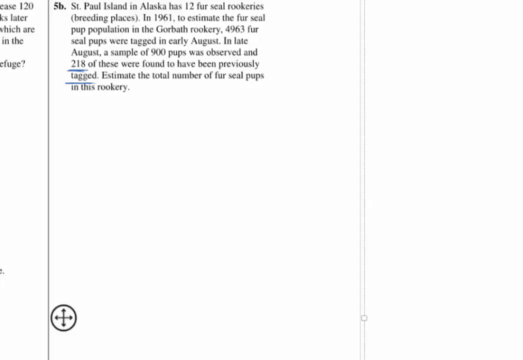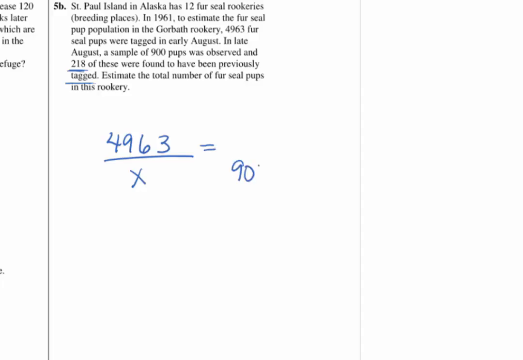So if we go back, we basically have tagged. 4,963 were tagged out of whatever the population was, the total population, and they weren't giving us that. However, later, when they went back and observed 900, which was the total observed, they found that 218 of them were tagged.